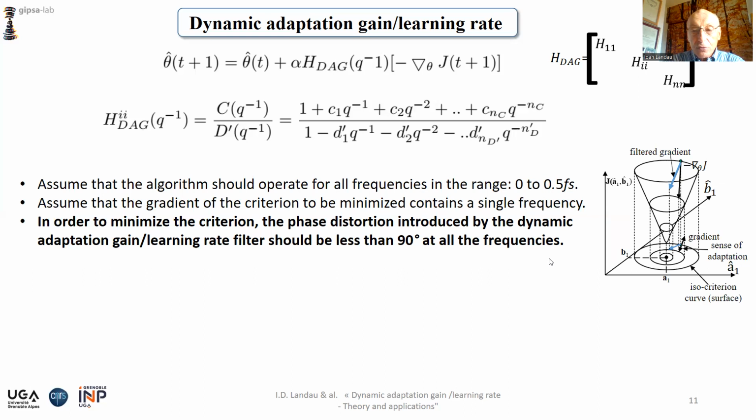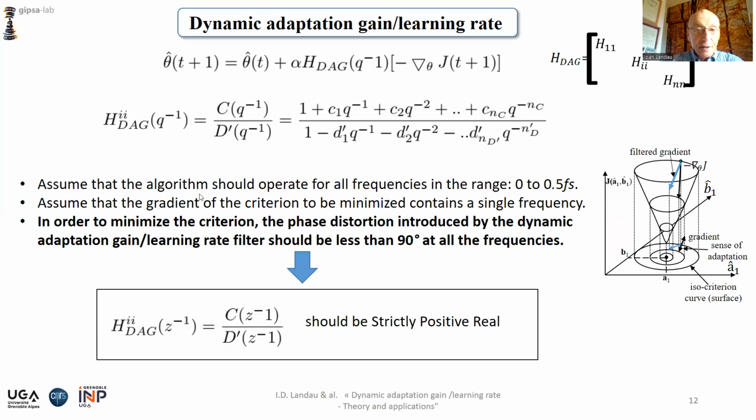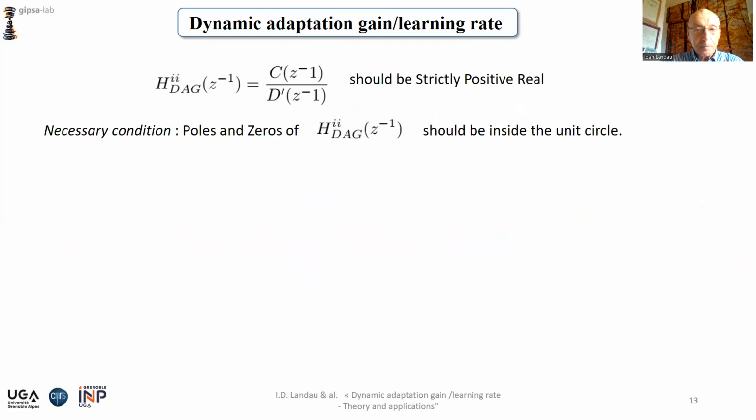And in order to achieve this, it results that the dynamic adaptation gain filter should be characterized by a strictly positive real transfer function. There is a necessary condition for achieving this, namely the poles and zeros of the dynamic adaptation gain filter should be inside the unit circle.